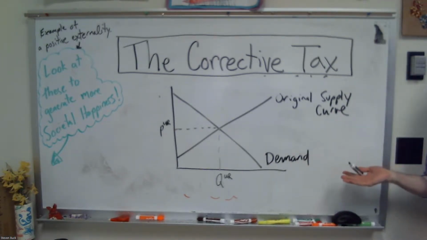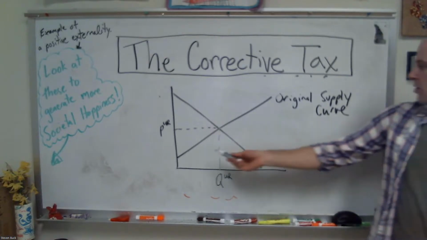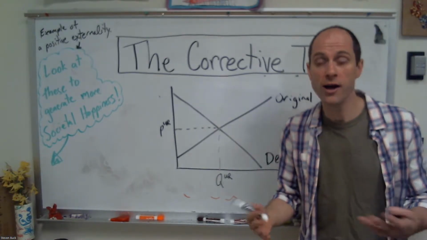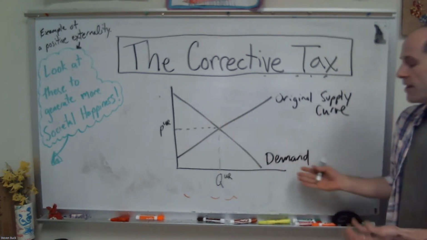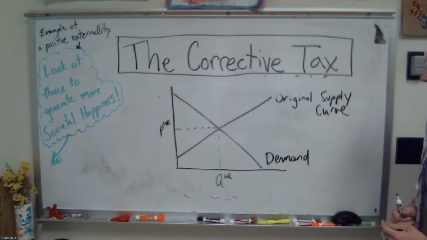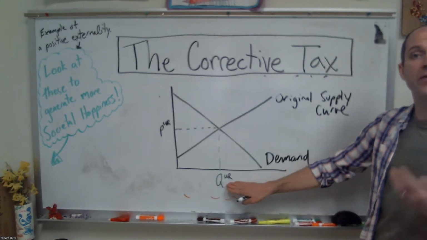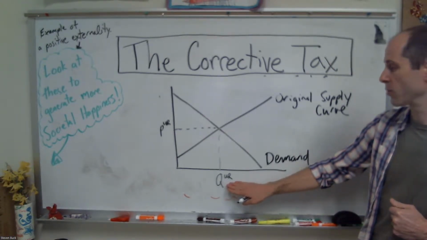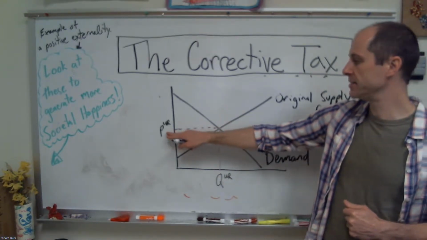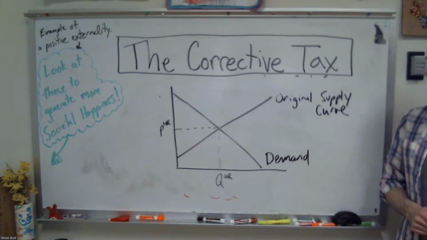So when we have a free market, we have a supply curve that's reflective of the private marginal costs, and we have a demand curve that's reflective of the private marginal benefits. And in the free market, we'd arrive at this unregulated equilibrium quantity. Producers would set the price PUR.